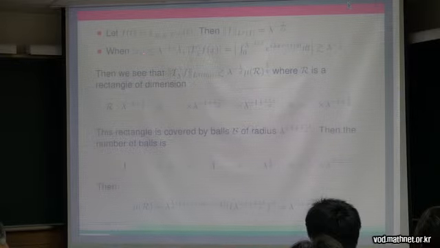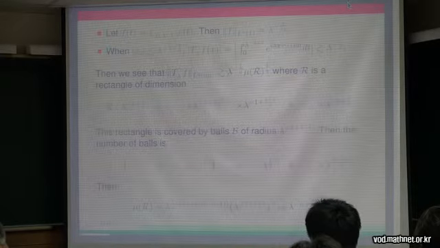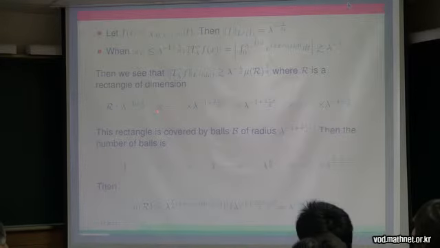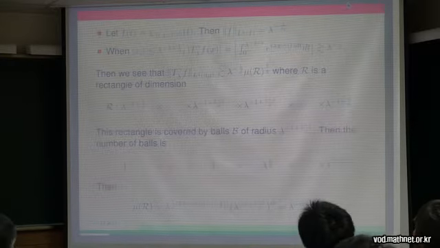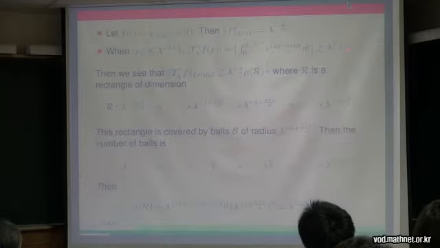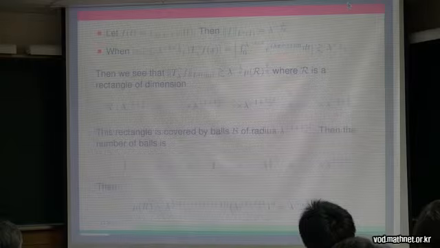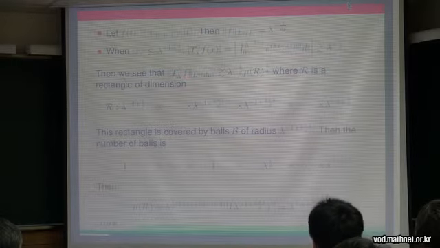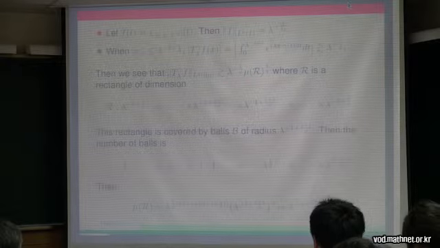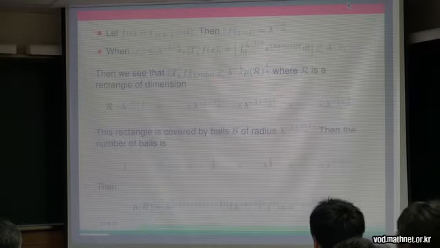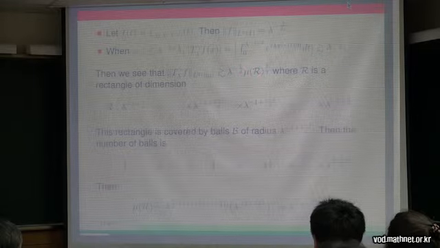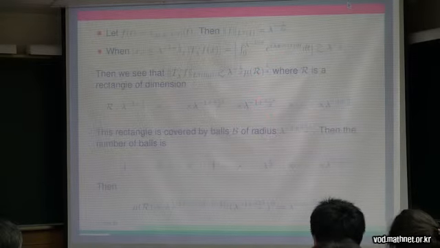So when xi is smaller than lambda to the minus 1 plus 1 over d, then this operator has a lower bound of lambda to the minus 1 over d. So we see that this norm has a lower bound of lambda to the 1 over d and mu of R to the 1 over q.